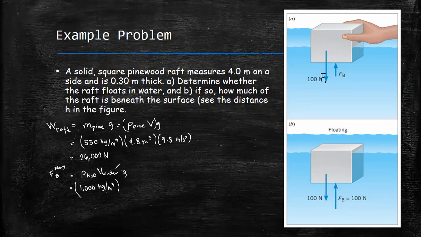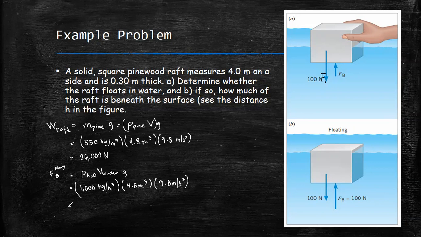So the volume of water that is being displaced is equal to, take note, it is the maximum possible. So let's just imagine that the pine wood is totally submerged underwater. So we will use the volume of the raft as the volume of water being displaced. So the volume of water is 4.8 cubic meter and the gravitational acceleration is 9.8 meter per second squared.